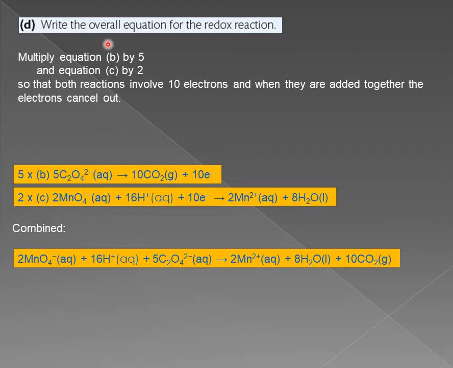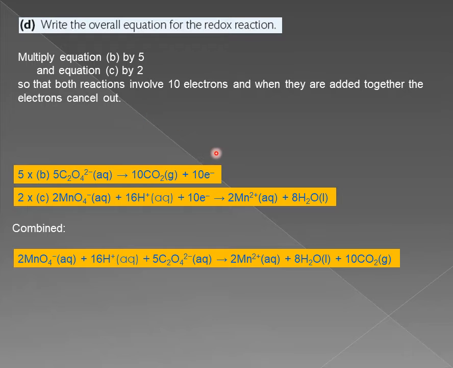Then write the overall equation for the redox reaction. Because we use 2 electrons in equation B and 5 electrons in equation C, we have to multiply B by 5 and C by 2.